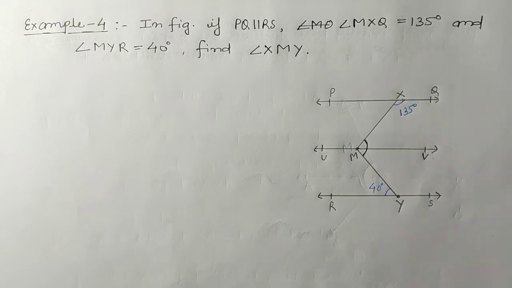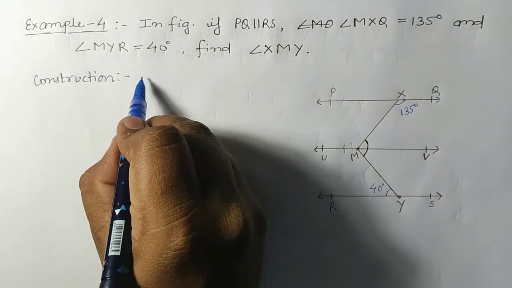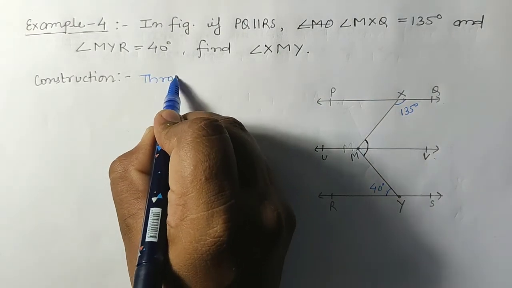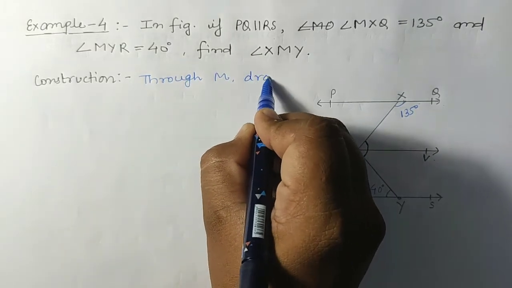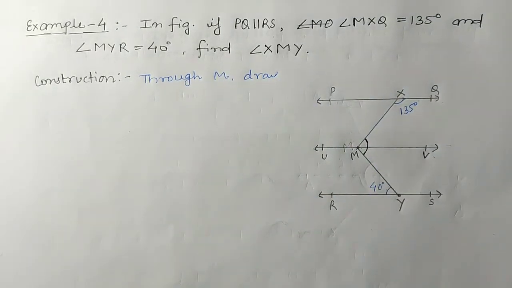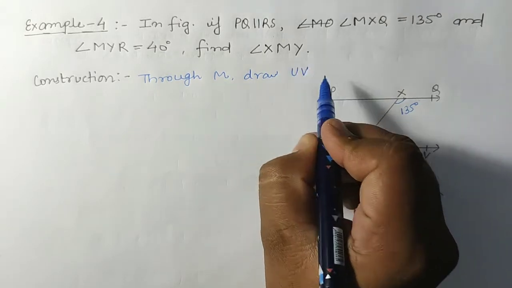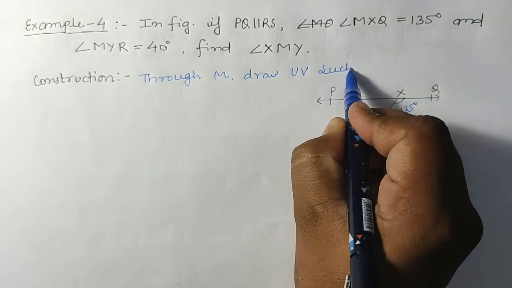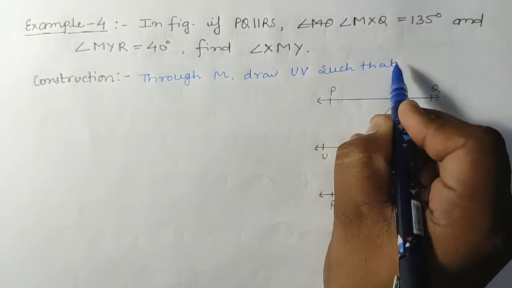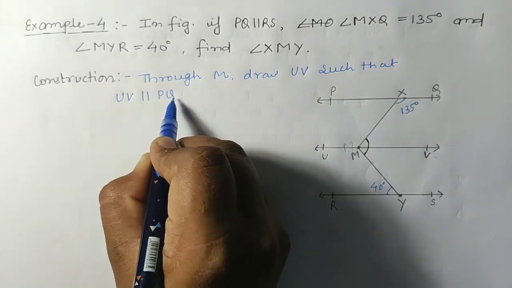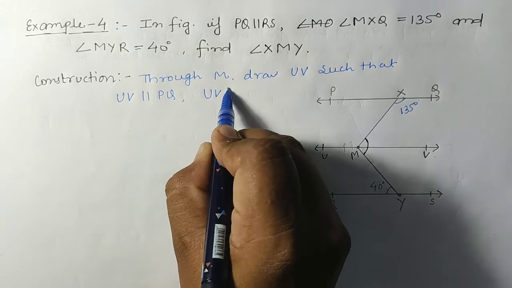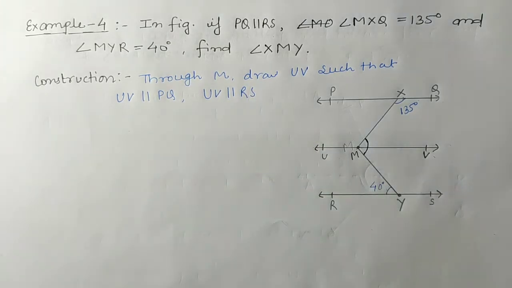We have to write this also: through M draw UV such that UV is parallel to PQ, UV is parallel to RS.